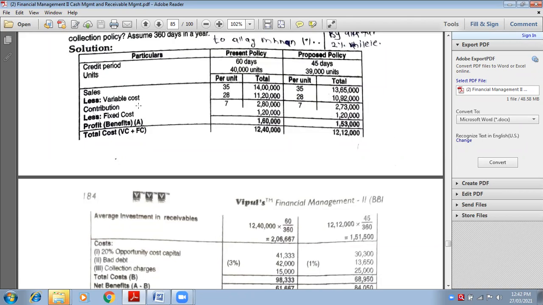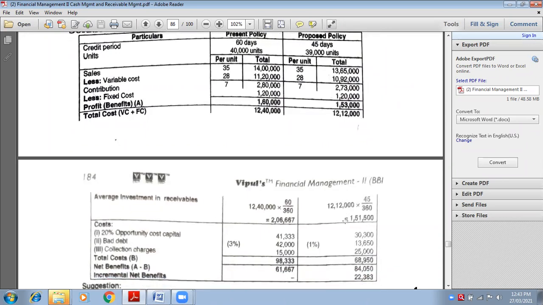Is it 2,06,667? Very good. Next, proposed policy. What is the total cost of proposed policy? 12,12,000. Very good. 12,12,000 into 45 divided by 360. 1,51,500. Very good.